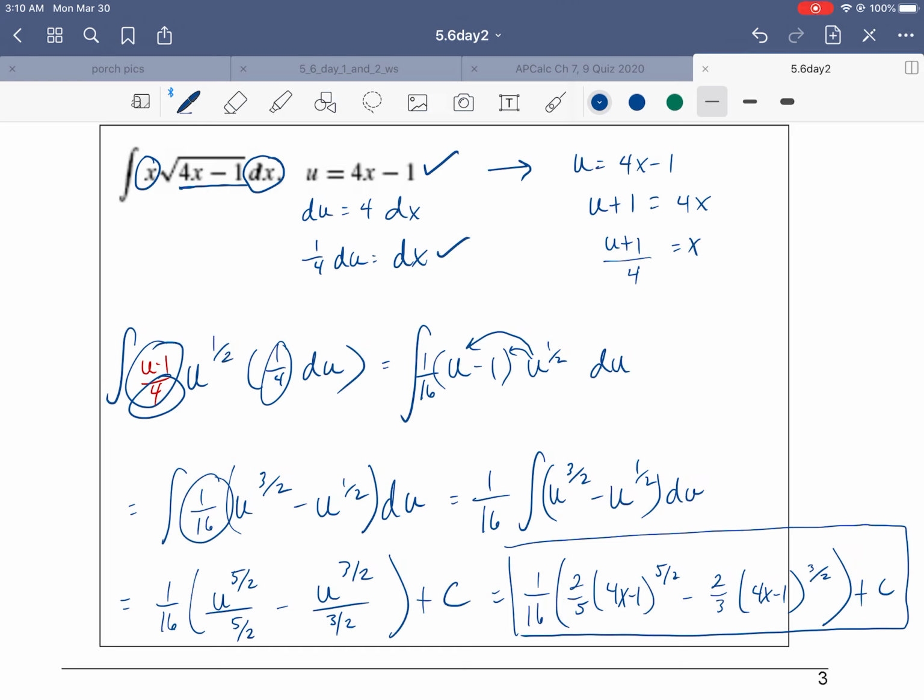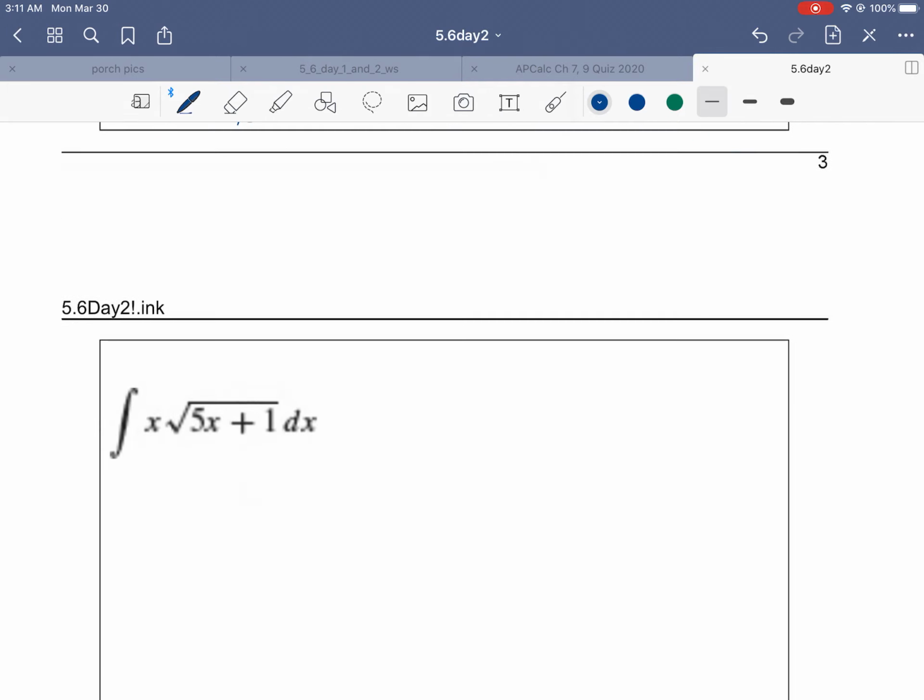You could distribute the 1/16 at the end, and if you had kept the 1/16 in the integral, that's the answer that you would have gotten, or you could leave it out in front. It doesn't matter to me.